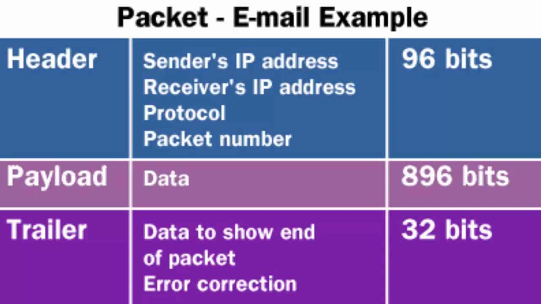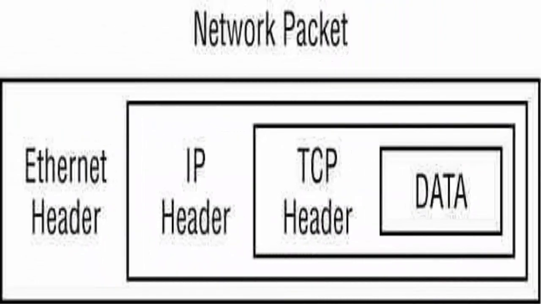The packets carry the data in the protocols that the Internet uses: Transmission Control Protocol/Internet Protocol, TCP/IP. Each packet contains part of the body of your message. A typical packet contains perhaps 1,000 or 1,500 bytes.